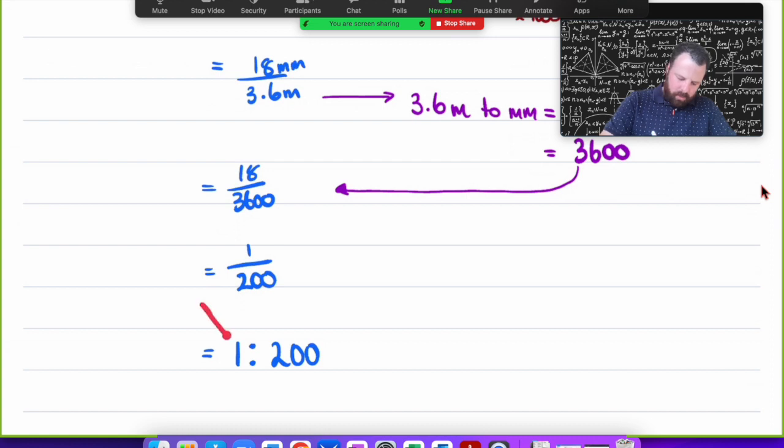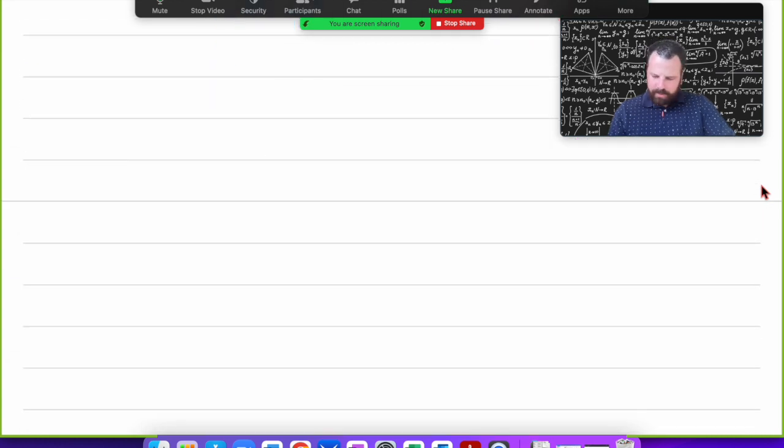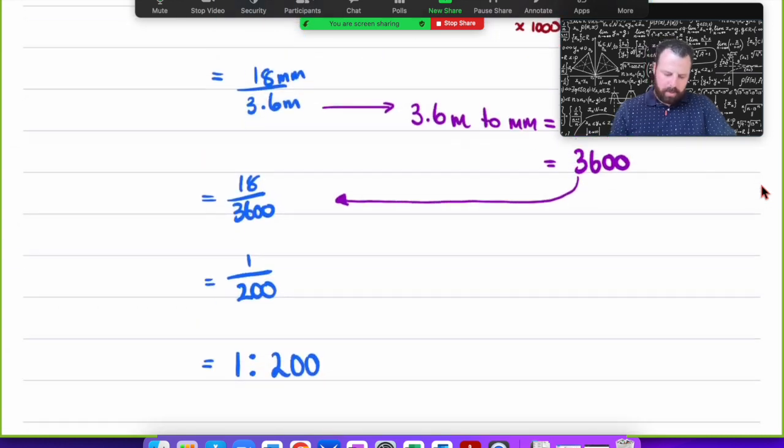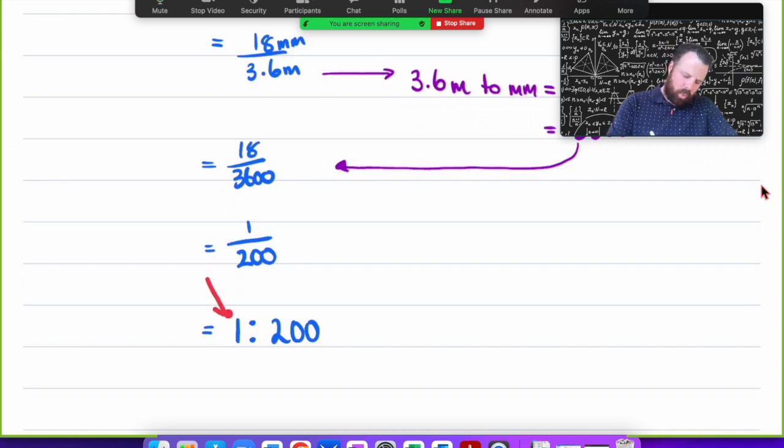Remembering that 1 on the copy is 200 in real life. I think that's the last example there, guys. Just touching base on that, 1 unit, so 1 centimeter on the plan, 1 centimeter on the copy, is 200 centimeters in real life. Or if it's millimeters, it's millimeters.